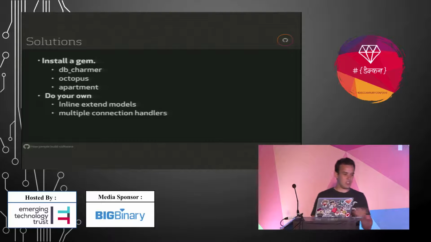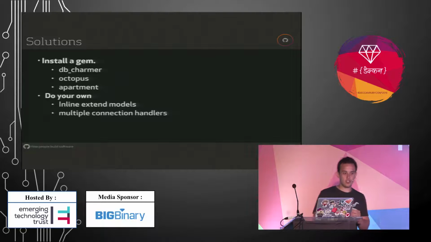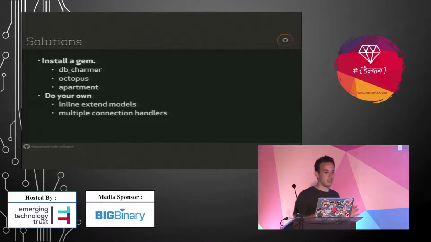I tried DB Charmer before, and at that time I was using Rails 3.2 and it worked fine. But when I had to upgrade to Rails 4, it caused a lot of problems, because DB Charmer is not compatible with Rails 4. That's because it monkey patches a lot of ActiveRecord to change all that connection handler code that I showed, to make it possible.